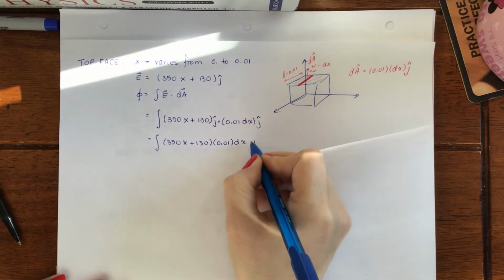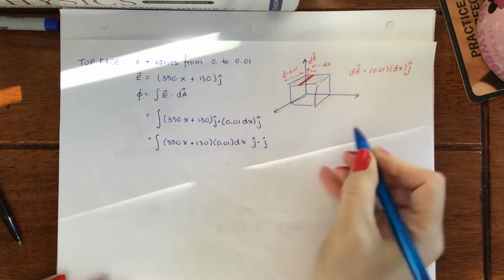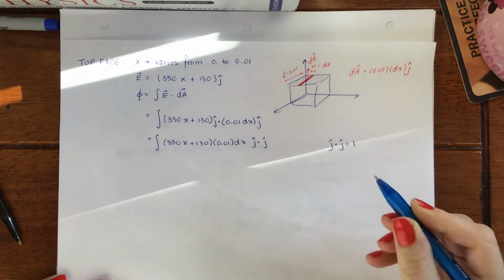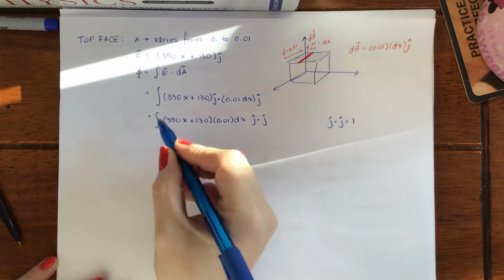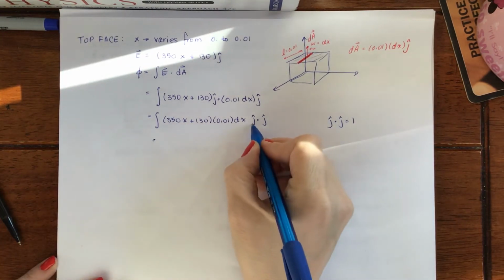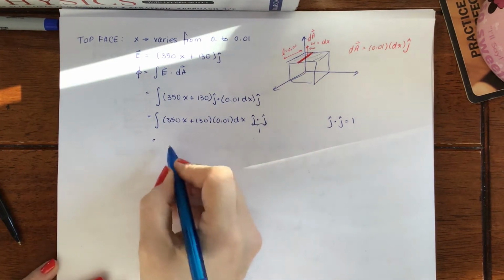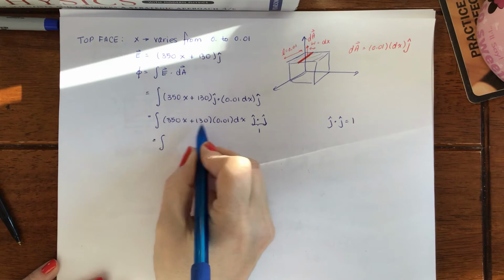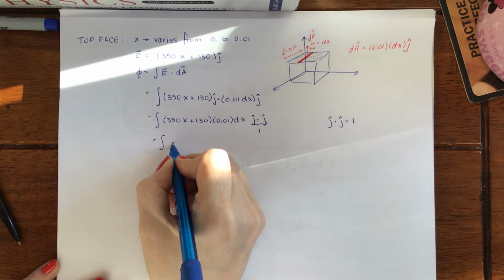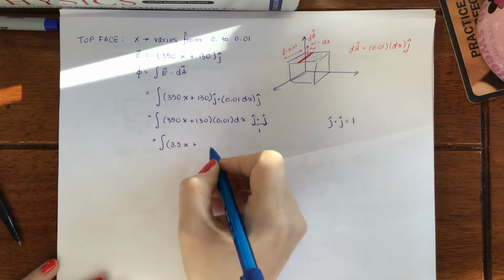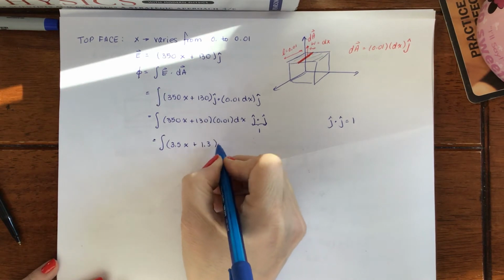J dot j, when you dot a unit vector with itself, you get 1 because they're parallel. So that means this part is 1, so now we'll multiply this 0.01 through. So 350 times 0.01 gives us 3.5 times x. 130 times 0.01 gives us 1.3. Those are times dx.